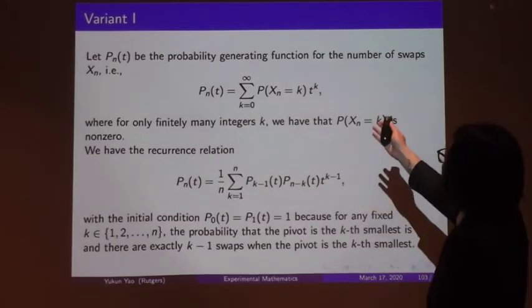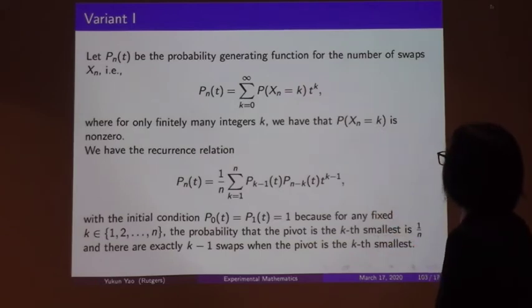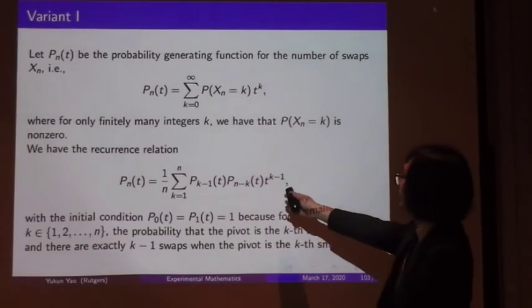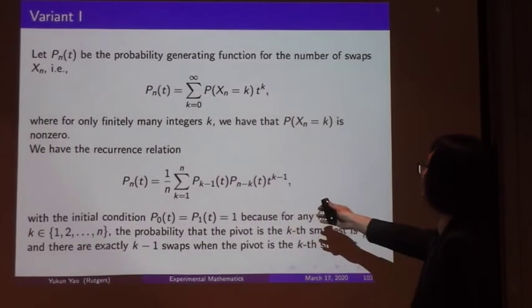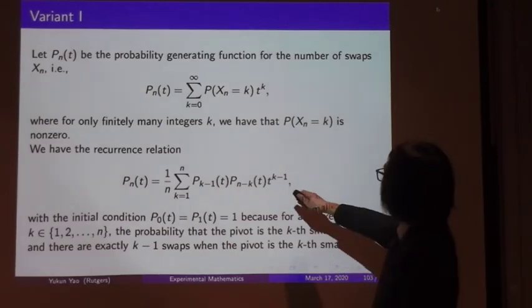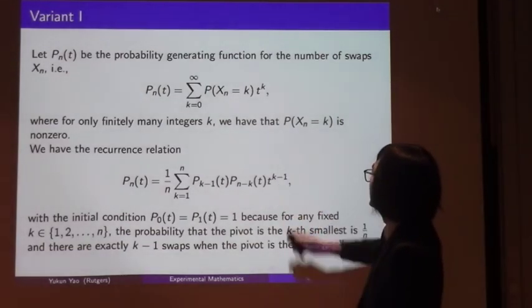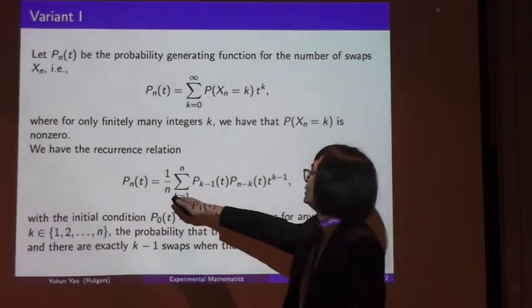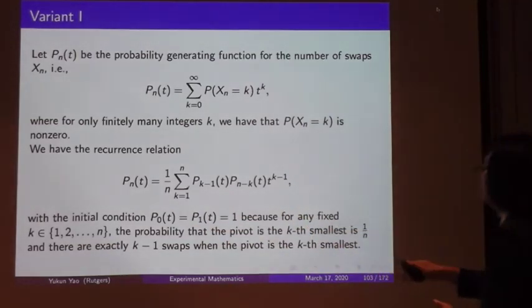So we define this probability generating function, and then we have this recursive relation because we know that if the pivot is the kth smallest, then we will have k minus 1 swaps. And divided by n because each k from 1 to n is equally likely.